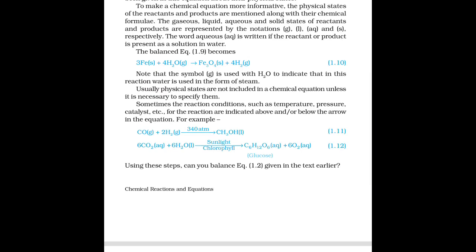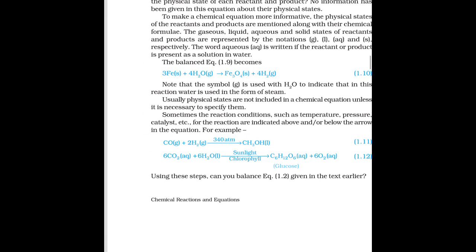Here carbon monoxide reacts with hydrogen gas at 340 atmospheric pressure to give methanol. 6CO2(aq) plus 6H2O(l) in presence of sunlight and chlorophyll gives glucose C6H12O6(aq) plus 6O2.